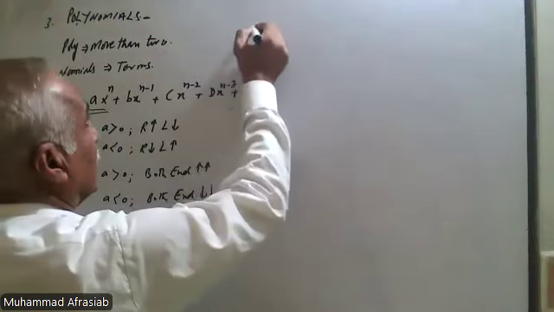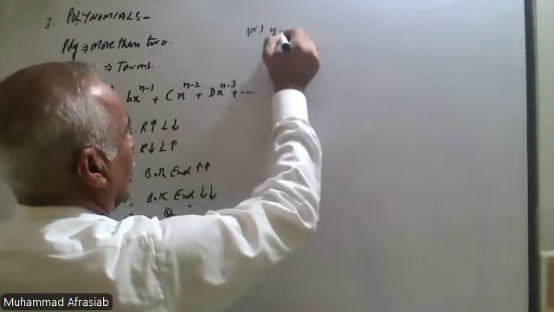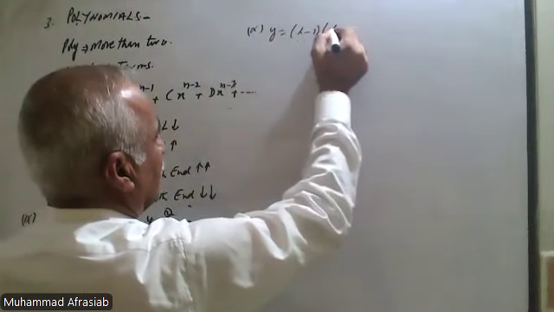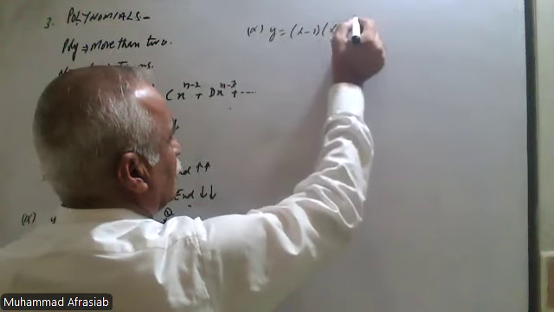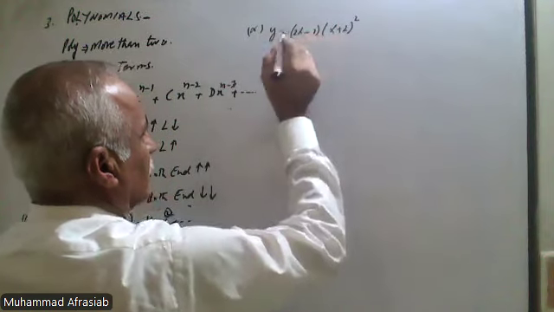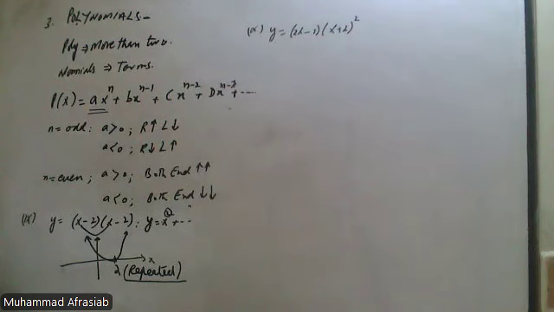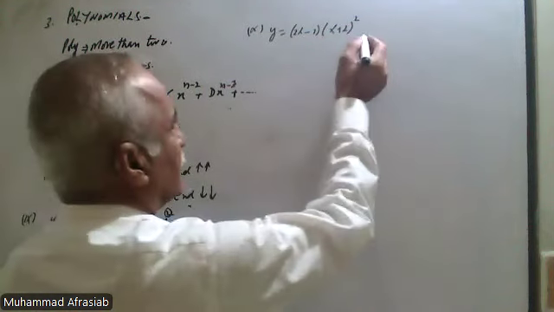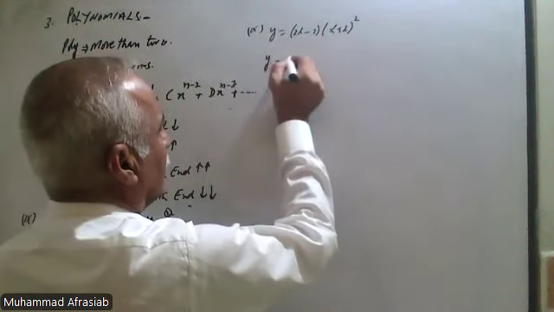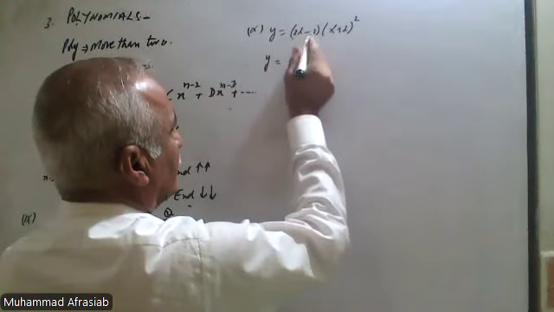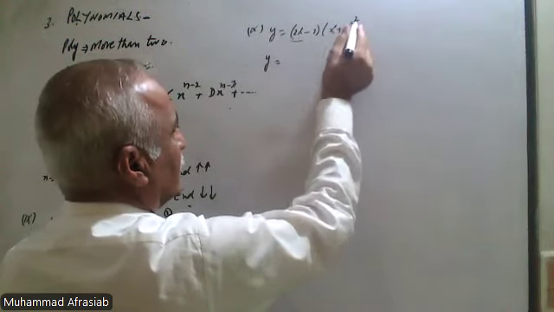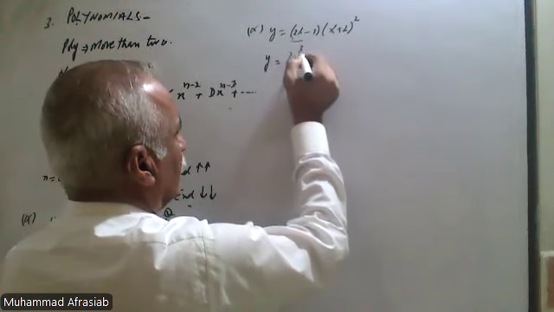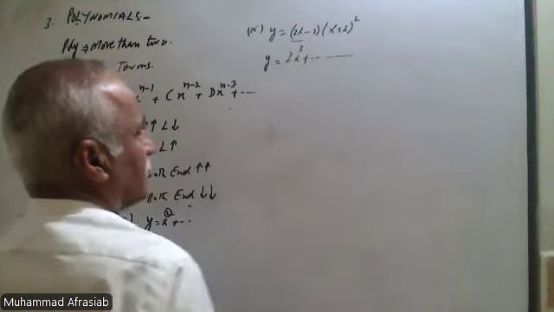Now, if y equal to 2x minus 1 into x plus 2 squared. For this equation, we know that if we multiply this 2x with this x squared, it will become 2x cubed and something.